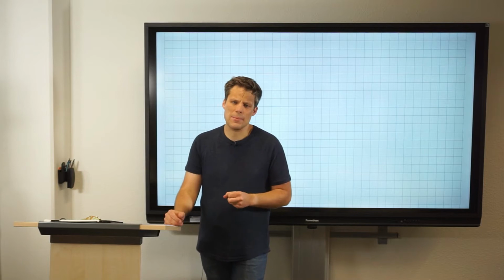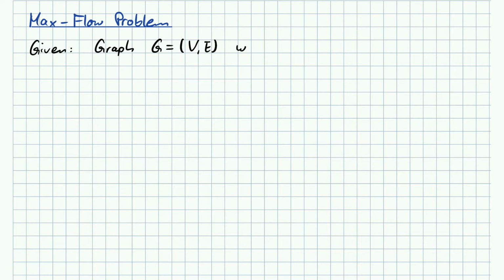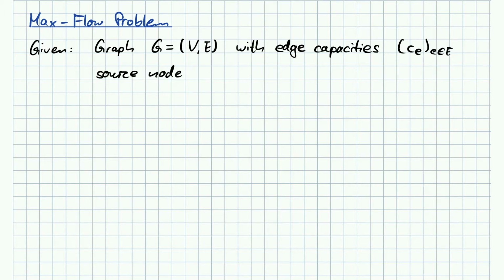So let's first recap the maximum flow problem. In the maximum flow problem, we are given a graph with edge capacities which we'll call c_e, a source node which we call s, and a sink node which we'll call t.